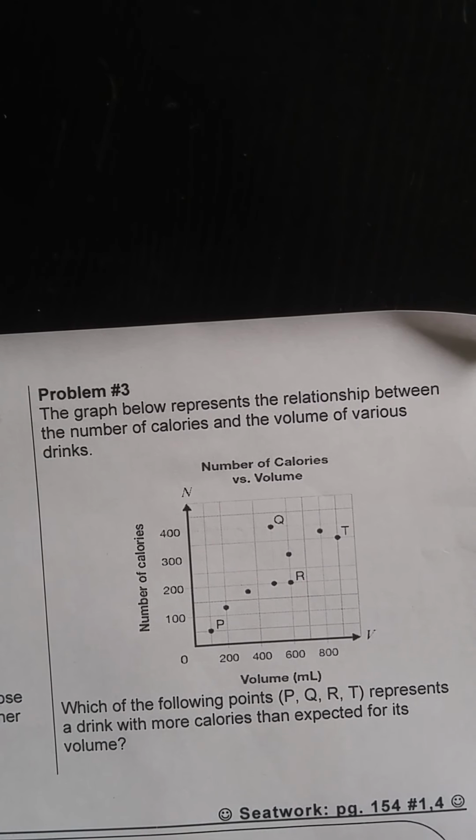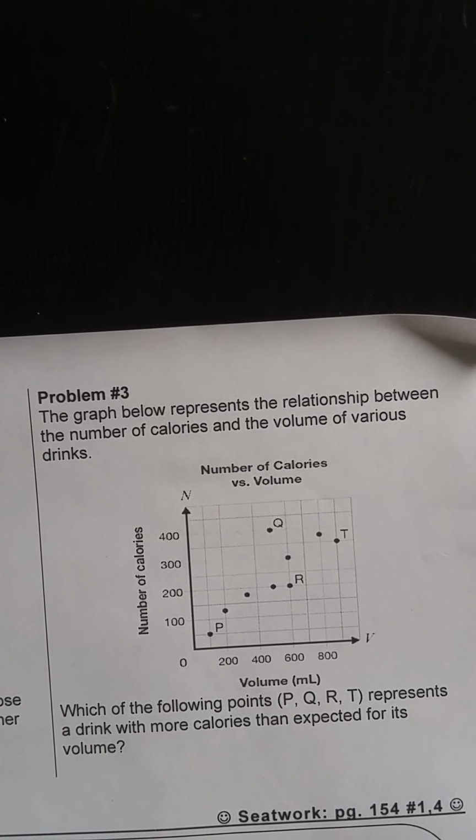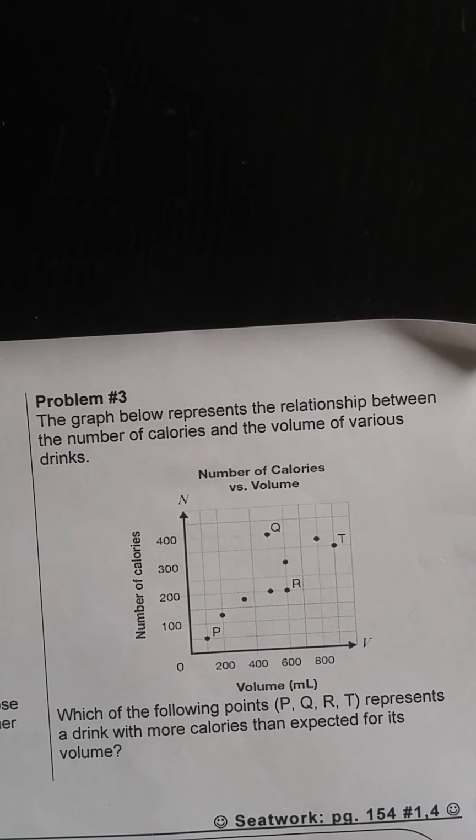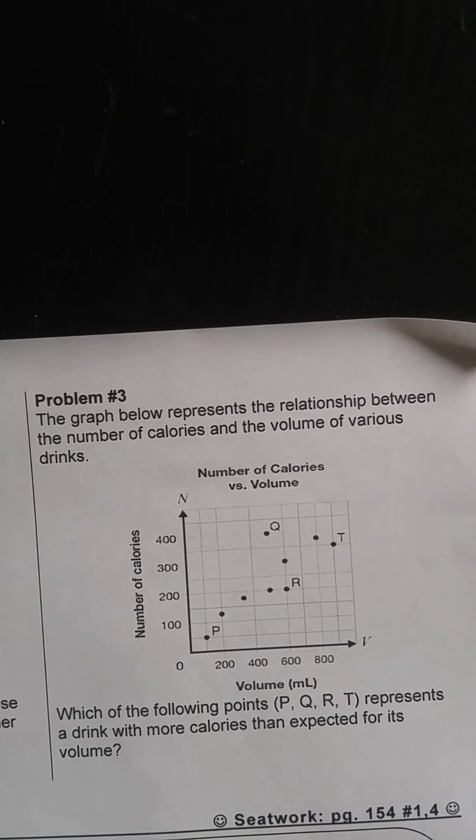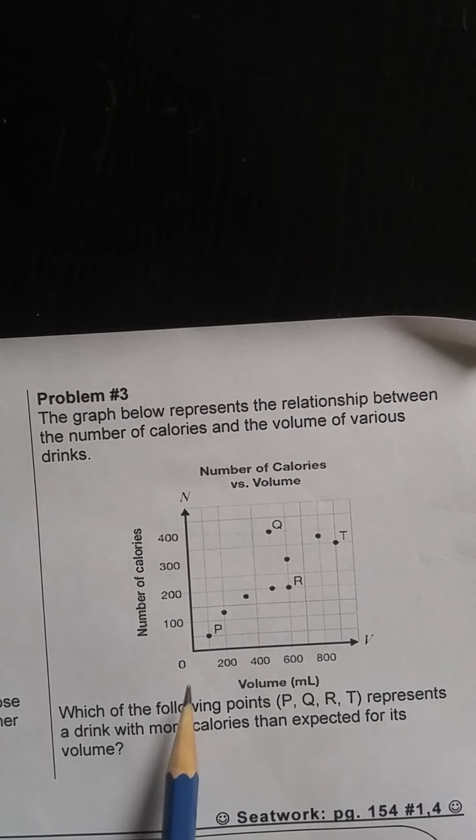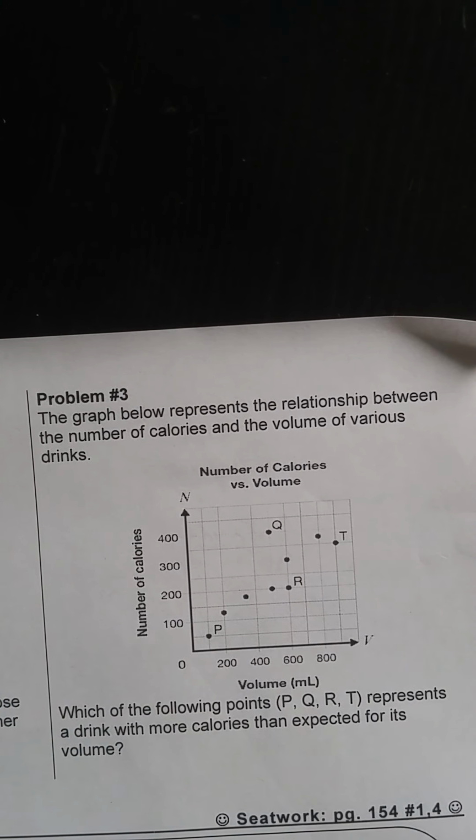Next question. So this graph represents the relationship between the number of calories and the volume of various drinks. Okay, so we have volume on our x-axis, number of calories on the y-axis. So normally, the more liquid in a drink, the bigger the drink, the more calories it's going to have. Okay, that's what the relationship shows here.